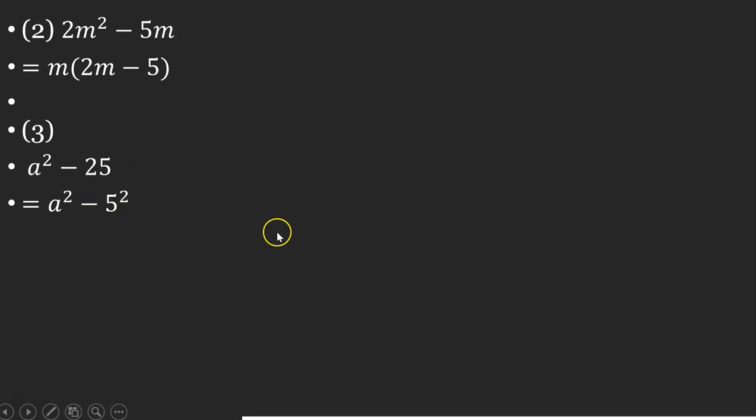25 means what? It's a 5 square, and at that time we apply the formula. What is that formula? The very simple formula, that is a square minus b square. Here is the formula, a square minus b square, and the factors of this quadratic polynomial are a minus b in first bracket, and a plus b in second bracket.